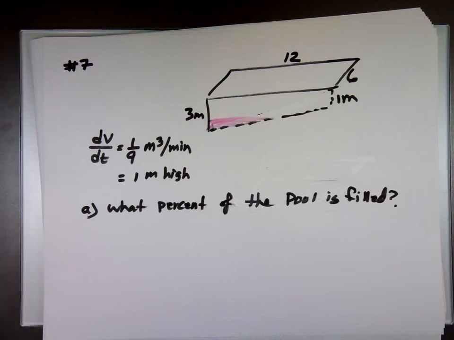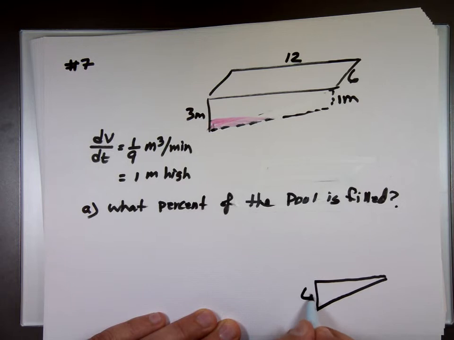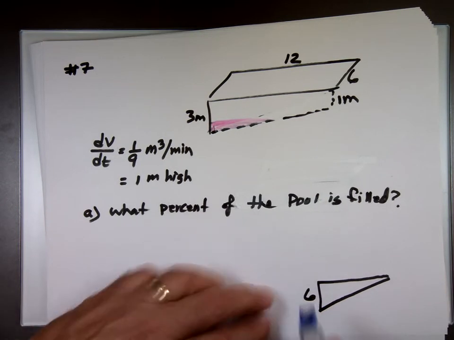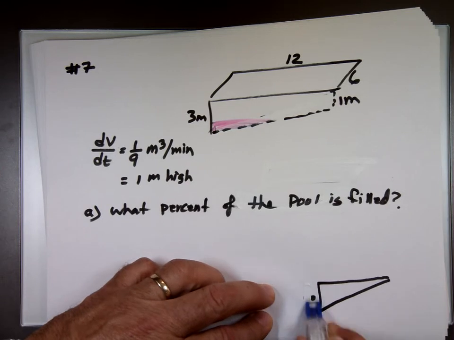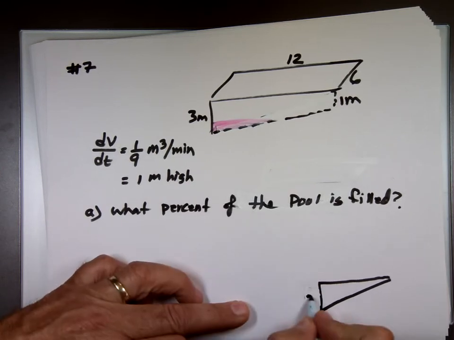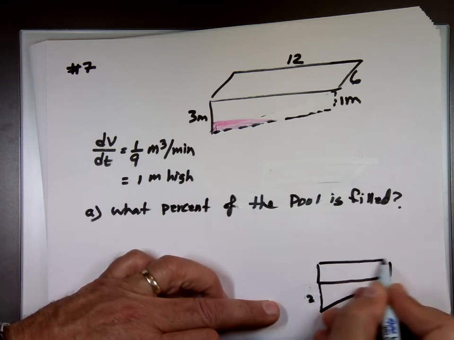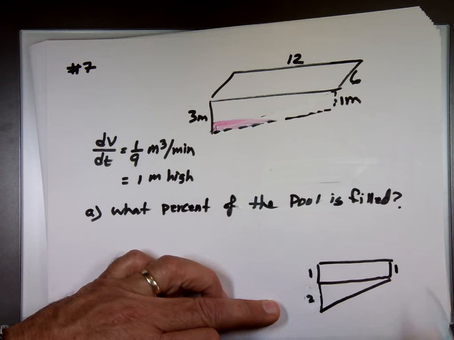Well, let's look at the percent where the water is. What is the shape where the water is? It looks like this. Isn't it a triangle? That's 3 meters deep. So that's the 2 meters, because once you hit 1 meter here, 2 meters to this, then after that it looks like this, the pool, looking at it from the side.